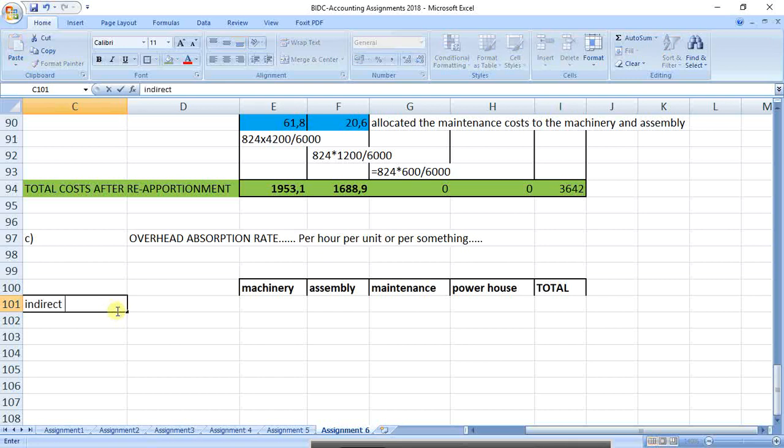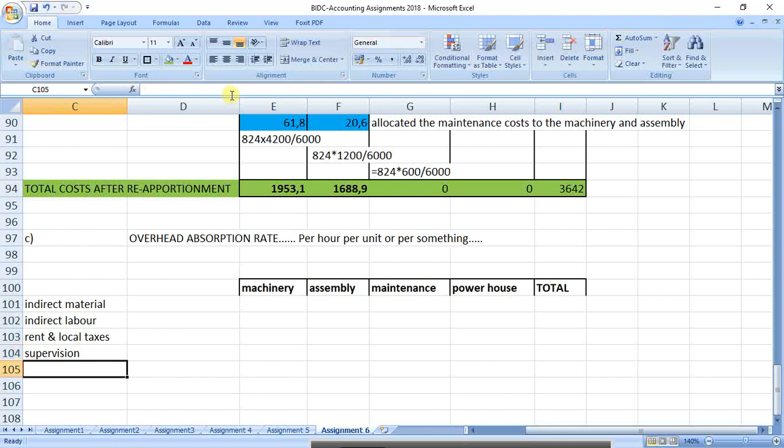Indirect material, indirect labor, what else? Rent and local taxes. What else? Supervision. And the last one, plant depreciation.